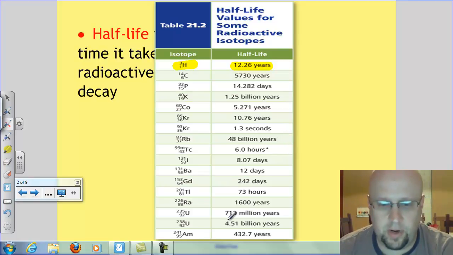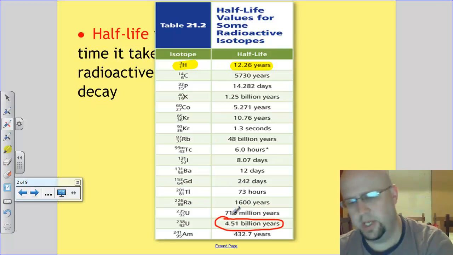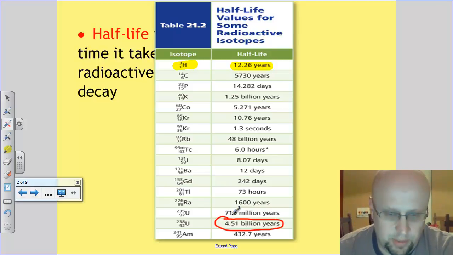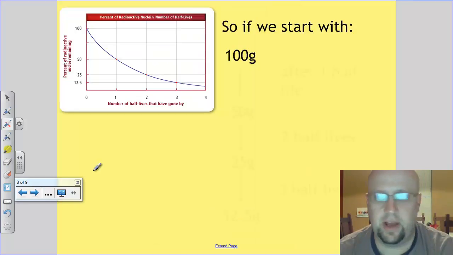A real big one for us down here is U-238, which has a half-life of 4.51 billion years. So some of these have really long half-lives, and some of them have really short ones. If you look up here at krypton, krypton-93 has a half-life of 1.3 seconds, so not terribly long at all. It all depends on what the isotope is. They all have their individual half-lives.